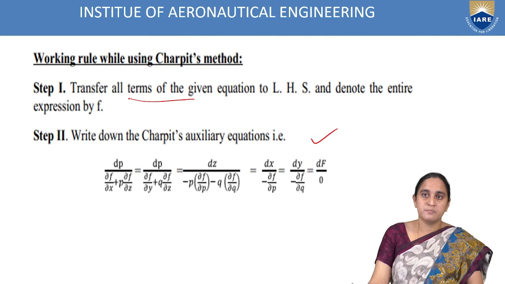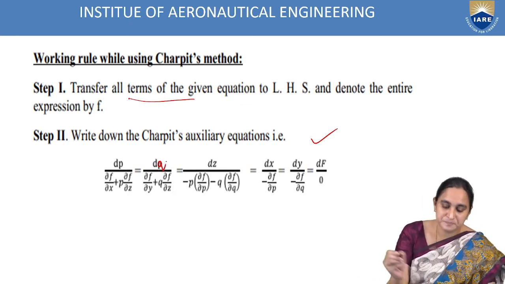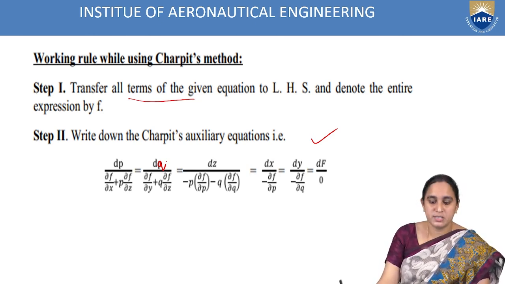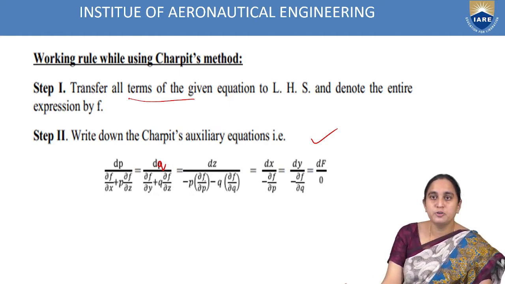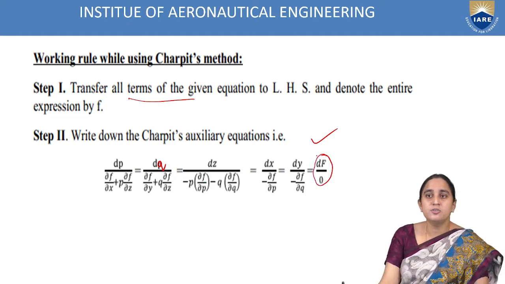What is the form of the Charpit's auxiliary equation? dP by (∂F/∂X plus P times ∂F/∂Z) is equal to dQ by (∂F/∂Y plus Q times ∂F/∂Z), that is equal to dZ by (minus P times ∂F/∂P minus Q times ∂F/∂Q), that is equal to dx by (minus ∂F/∂P), that is equal to dy by (minus ∂F/∂Q), that is equal to dF by 0. That last term is not compulsory.